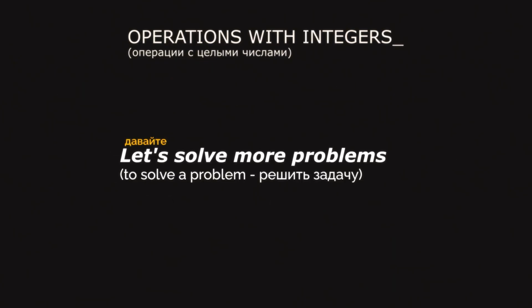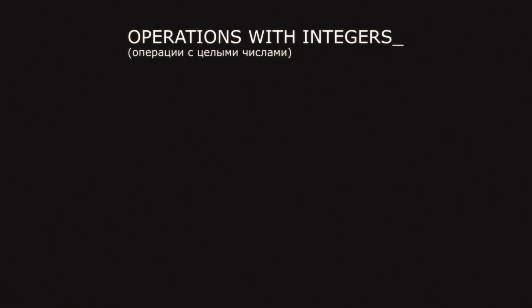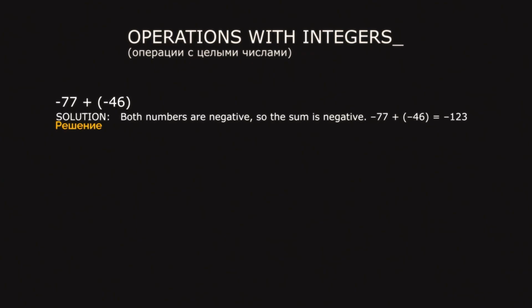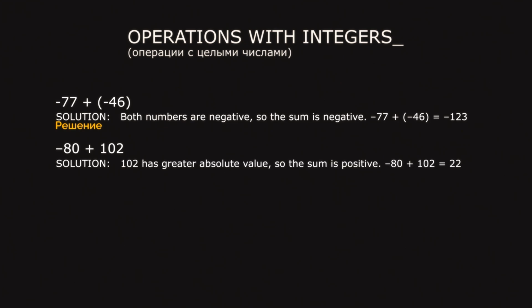Let's solve some more problems. To solve a problem в английском — это решить задачу. Let's find a sum of a negative 77 and a negative 46. Solution. Both numbers are negative, so the sum is negative. Let's add a negative 80 and a positive 102. 102 has greater absolute value, so the sum is positive.